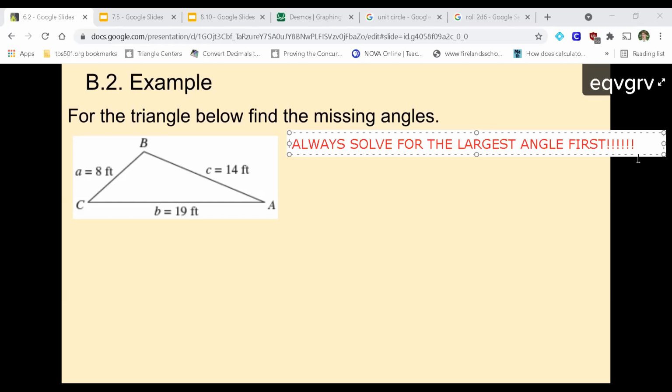That's a lot of extra work to cancel out at the end and realize only one of them is an option. So if you always solve for the largest angle first, you will not run into that problem. You will only have one case, and there should only be one case.